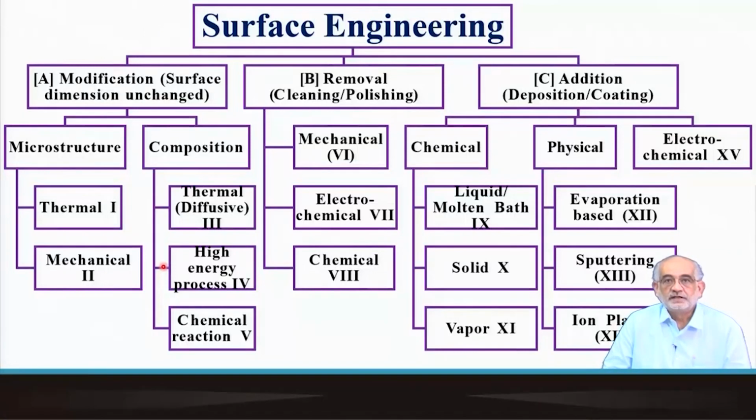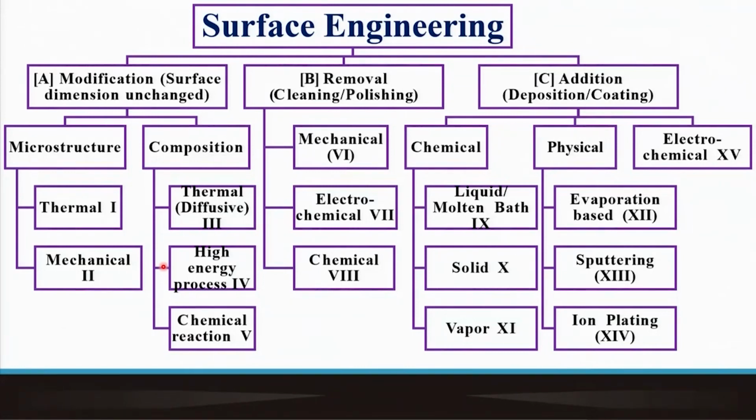Now, this is quite a complex and busy slide, but nevertheless it allows you to capture the entire scope of surface engineering. So again, let's remind ourselves, we are interested in tailoring the surface microstructure and or composition so that surface dependent properties of various types can improve.